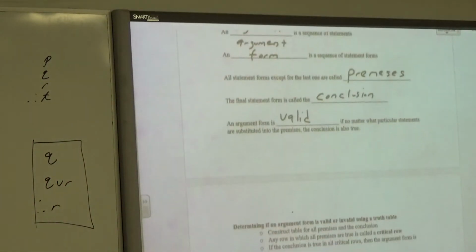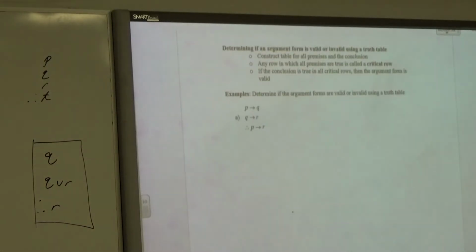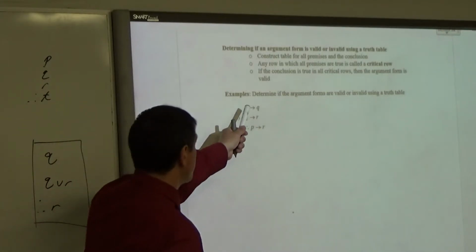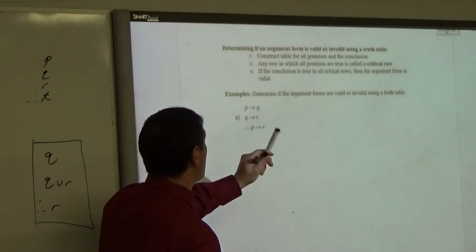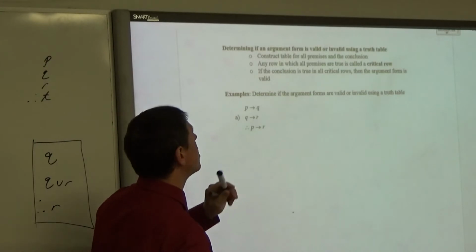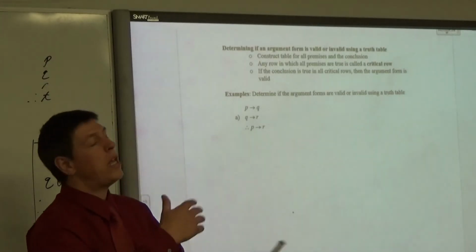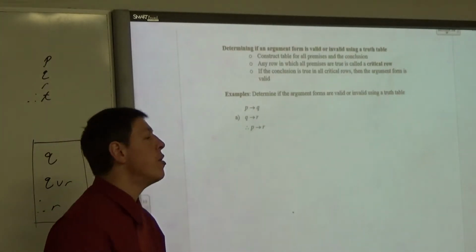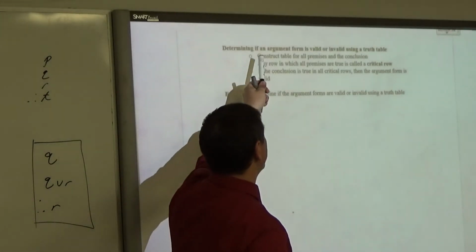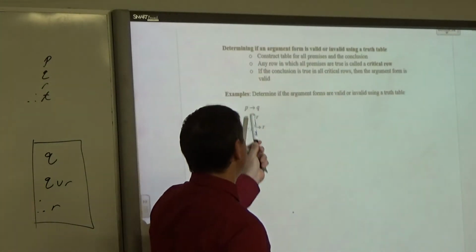Okay, so let's take a look at the method you would use to verify by using a truth table. If I have an argument form like this, I can determine if it is valid or invalid using a truth table. We keep going back to truth tables because they're so fundamental. What we're going to do is construct a table for all premises and the conclusion.